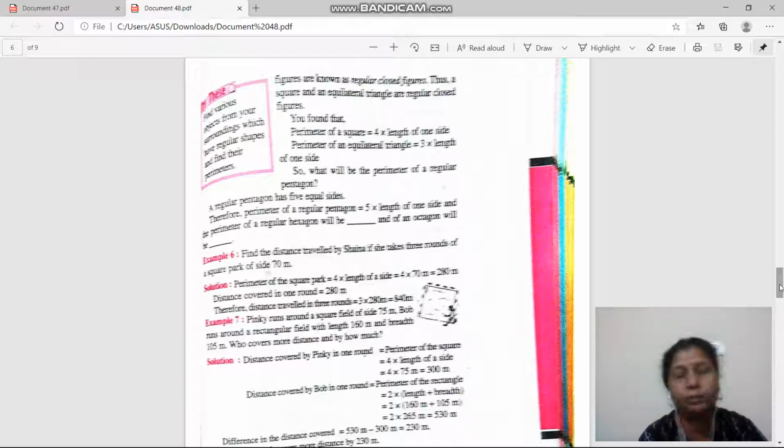The length of a side is the length of the park, so 4 into 70, which is 280. Now it is the perimeter, that means it is covered in one round. So the distance covered in one round is equal to 280. Therefore, the distance traveled in 3 rounds is 3 into 280, that means 840.